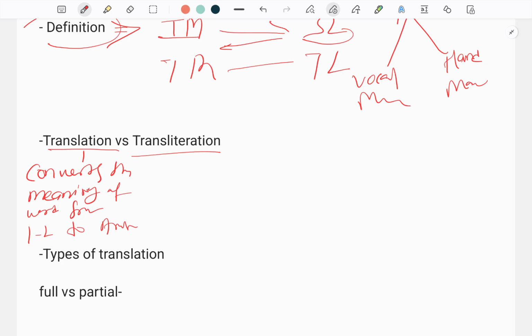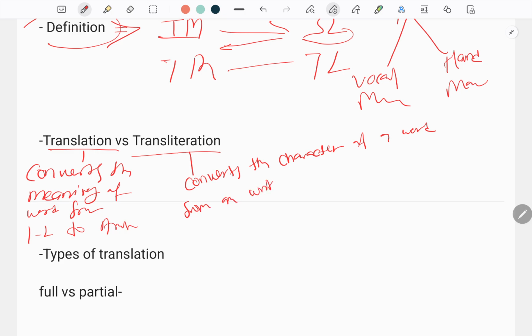While transliteration converts the characters of a word from one writing system to another without changing the meaning.